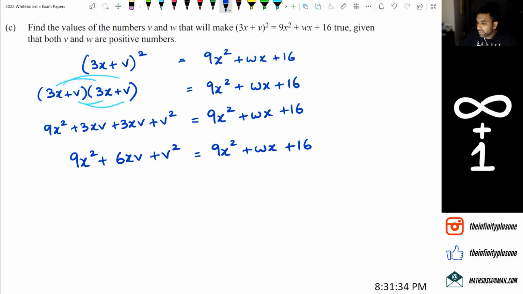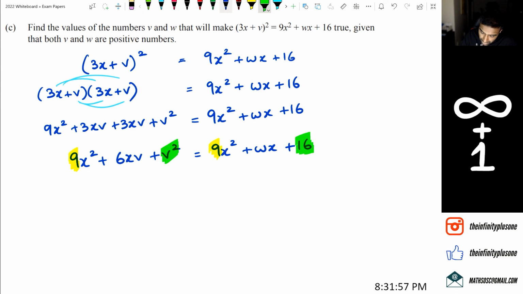At this point, guys, it's all about matching your coefficients. The coefficient of x squared is 9 and 9, so that matches, that's not a problem. Then if we look at the constant, which is the number without any x, on the left hand side it is v squared, and on the right hand side it's 16.